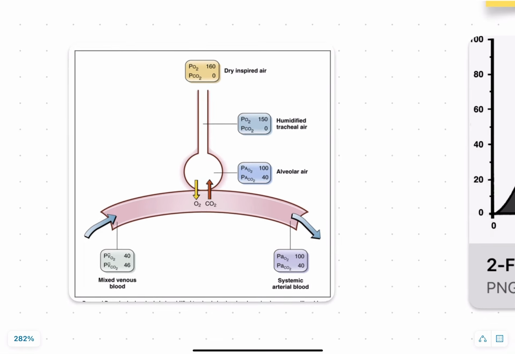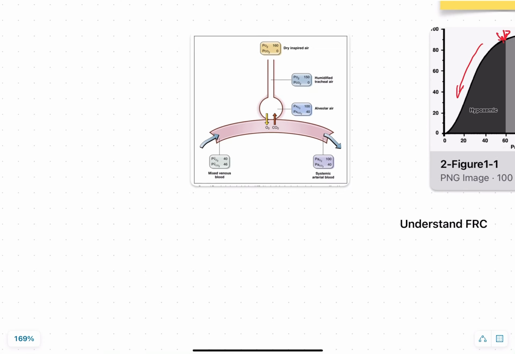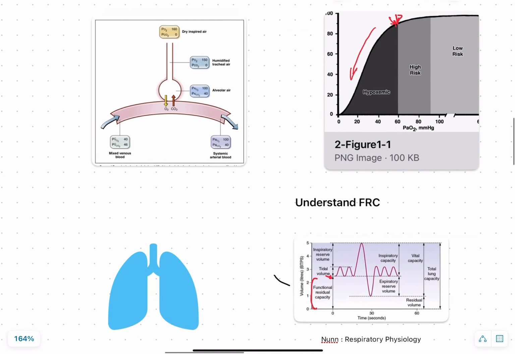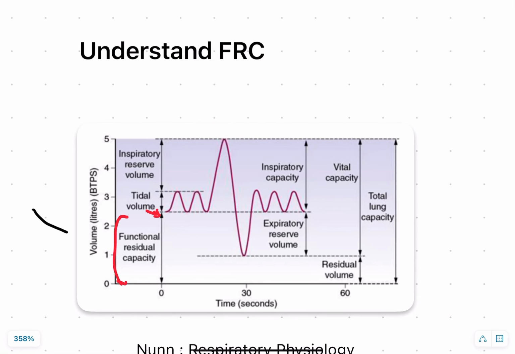When we paralyze a patient to intubate, there is still air left in the patient's lungs, and that volume is called the functional residual capacity. So these are the various lung volumes that we all learned in medical school.